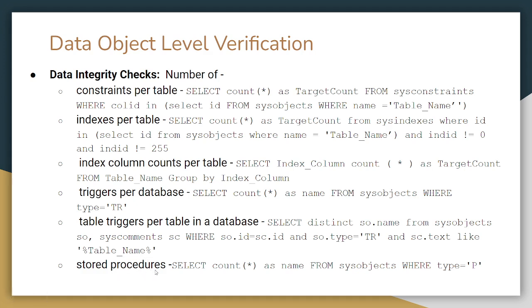For stored procedures, the type will be p in sys objects, and you can fetch the total number of stored procedures in the database. So those are the basic verification points that we normally do for data objects verification in Sybase.